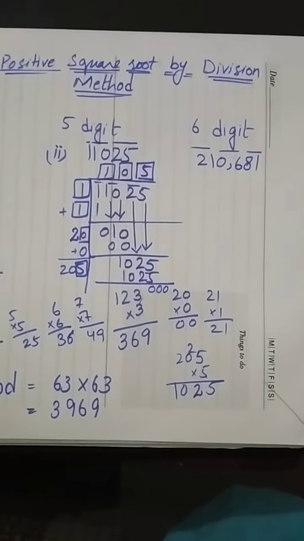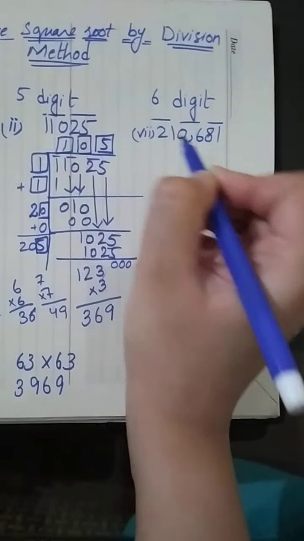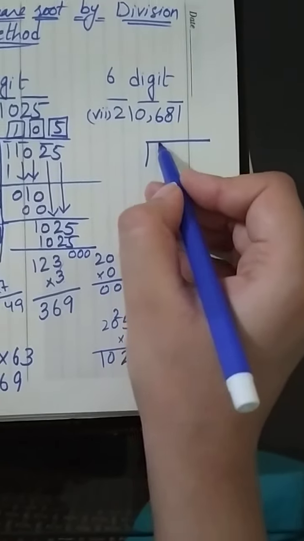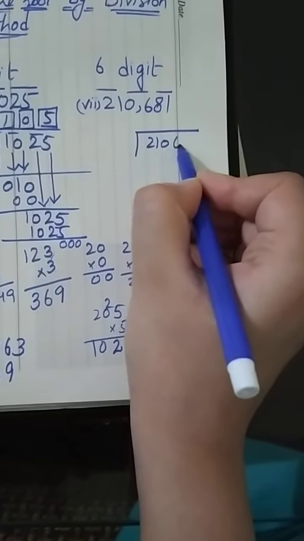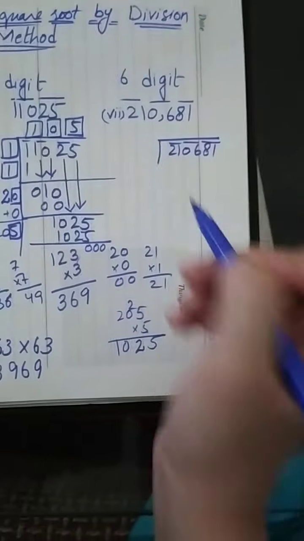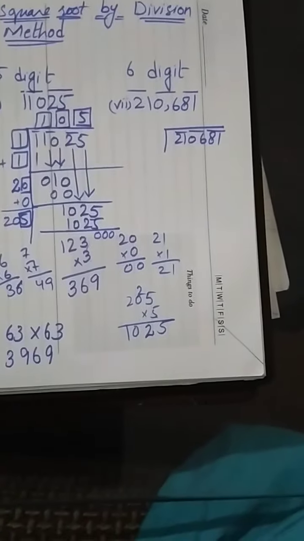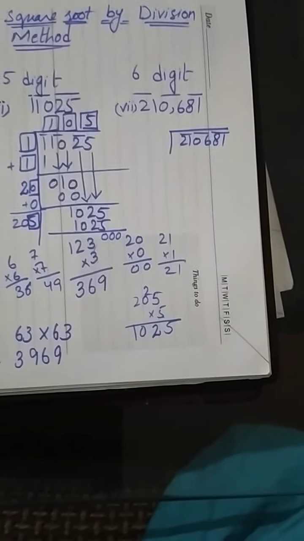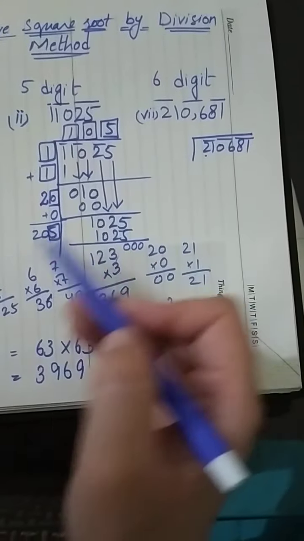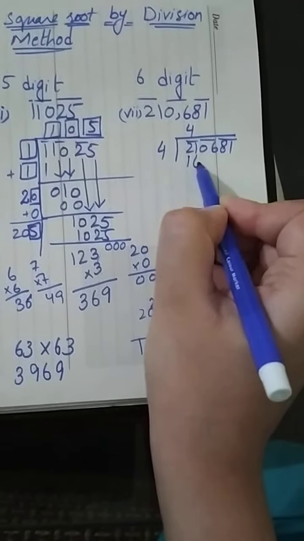Now I am moving to solve the next part. It is part number 7 of this question. In this question, the first value is 21. You see that 5 5s are 25, which is greater than 21. 4 4s are 16, so I take 4.